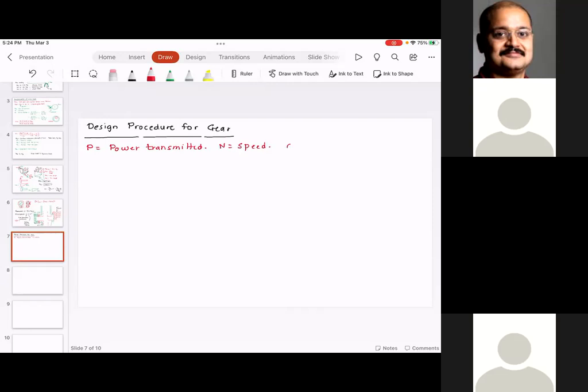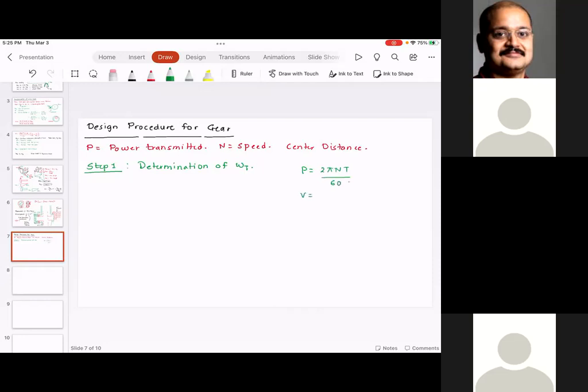Sometimes they give you center distance. So step 1 is determination of WT. And please note, power P is 2 pi nT divided by 60.